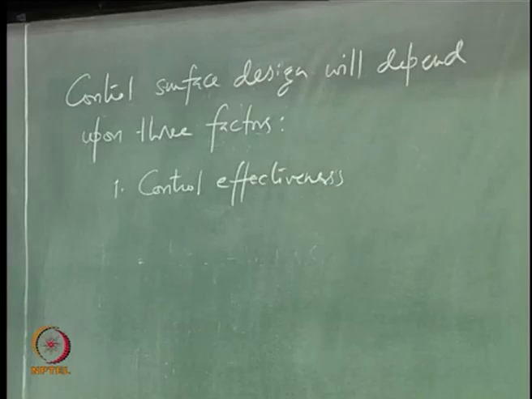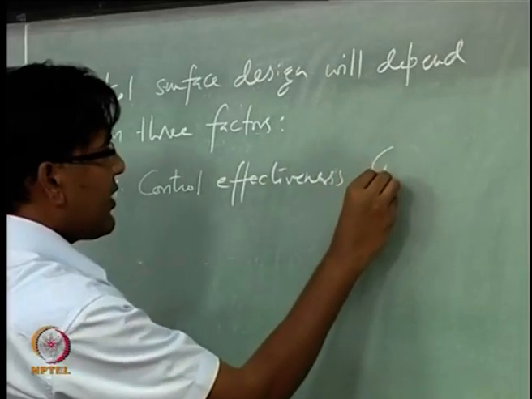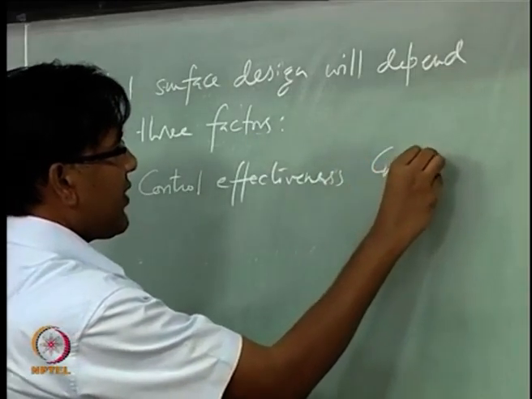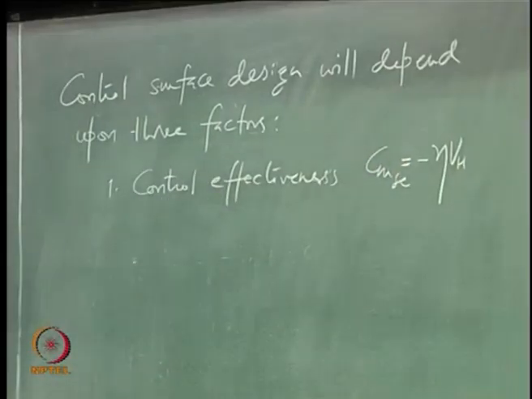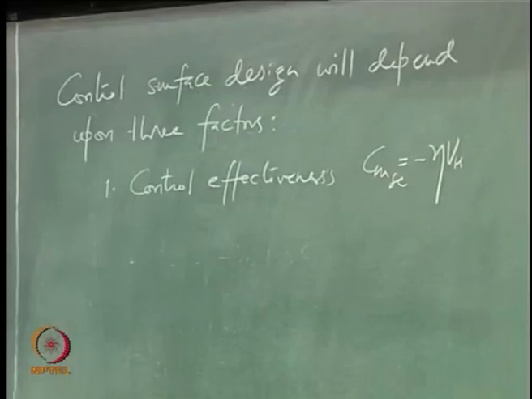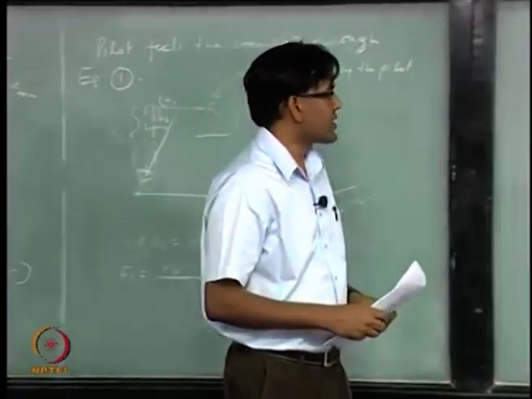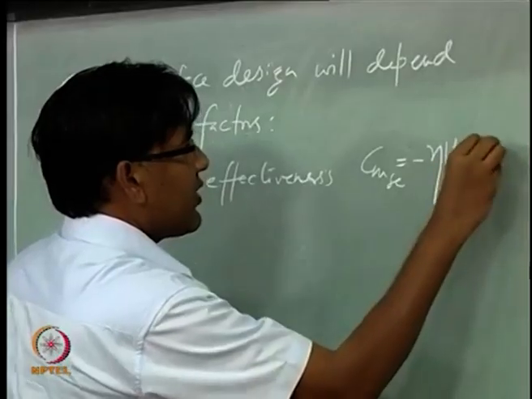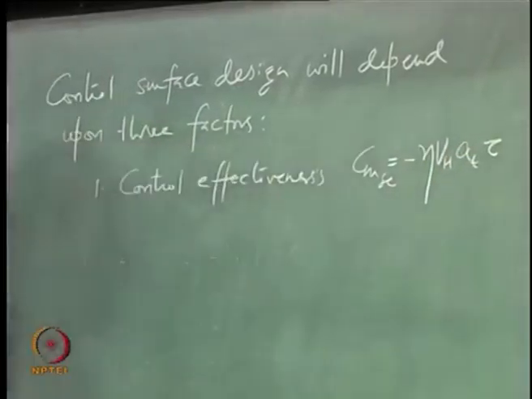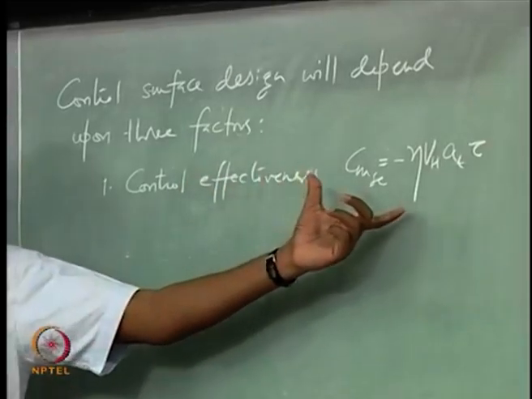So, if you remember, we wrote this expression for C_m delta E, which is the change in pitching moment that you can get by changing the elevator deflection, and the expression for that was this, right.